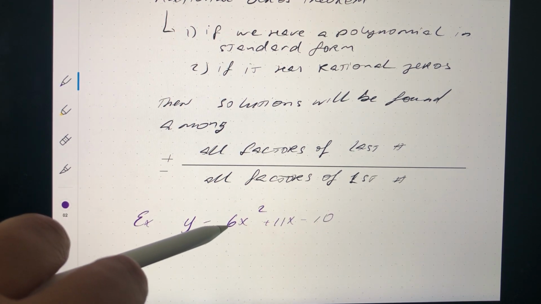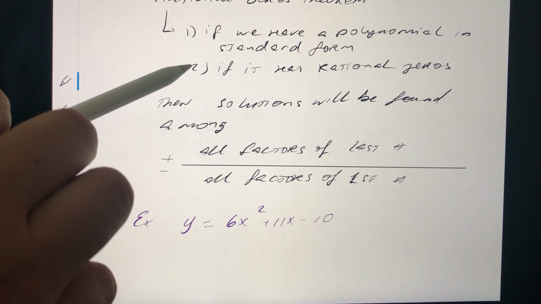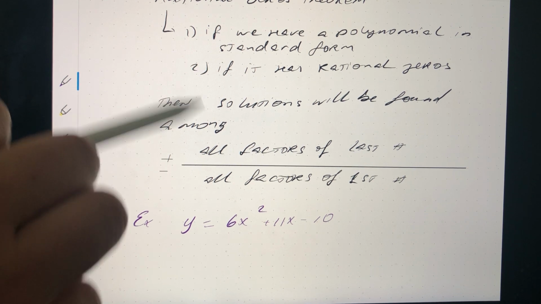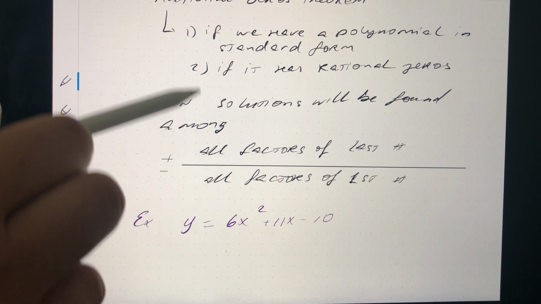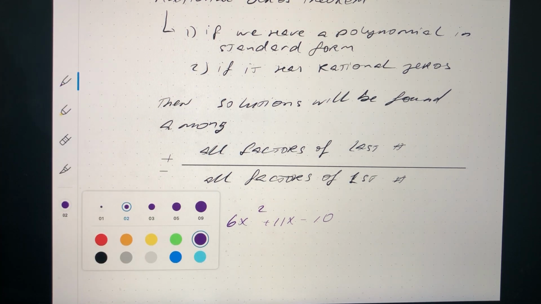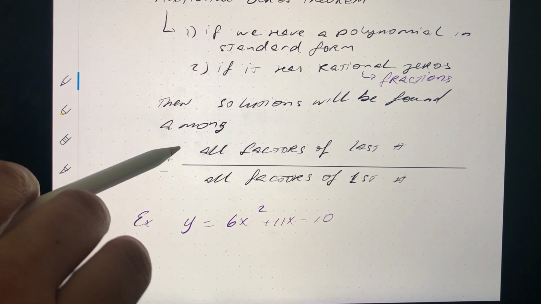So these two conditions are met. The second condition says that if this equation has zeros that are rational, which means they can be written as fractions, then they will be given by this formula.